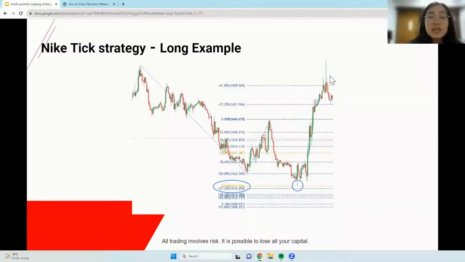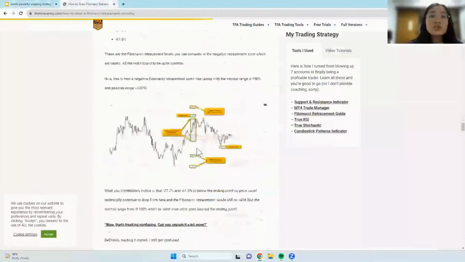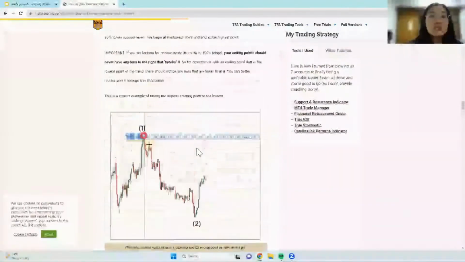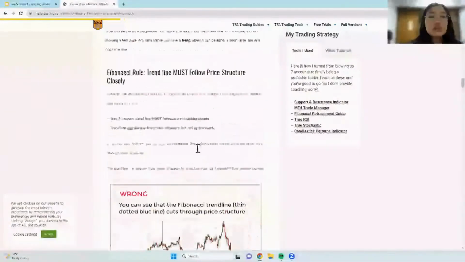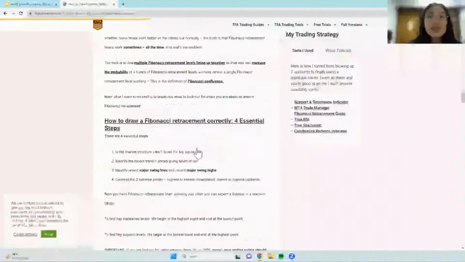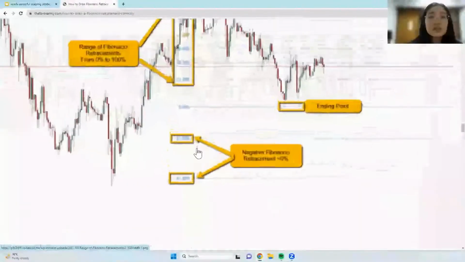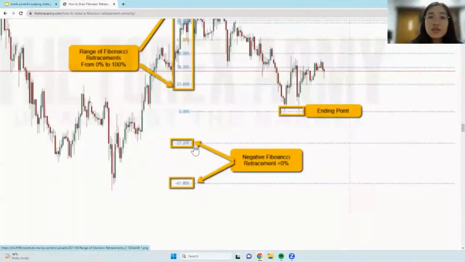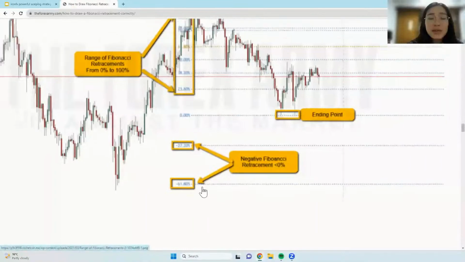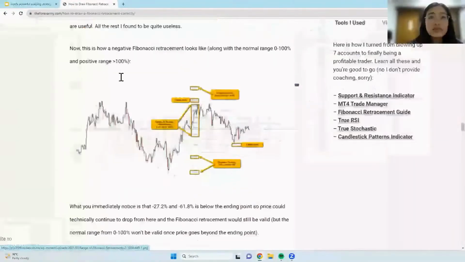Maybe another technique that I just want to briefly mention is our Fibonacci expansion. For expansions, we use the negative levels, minus 27.2 and minus 61.8.